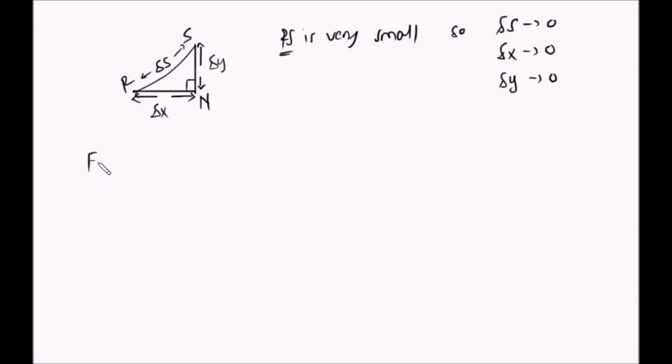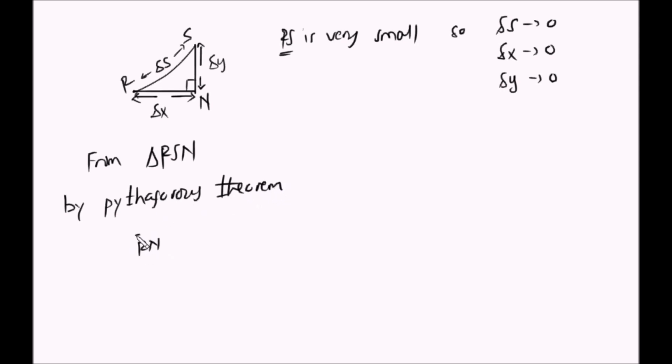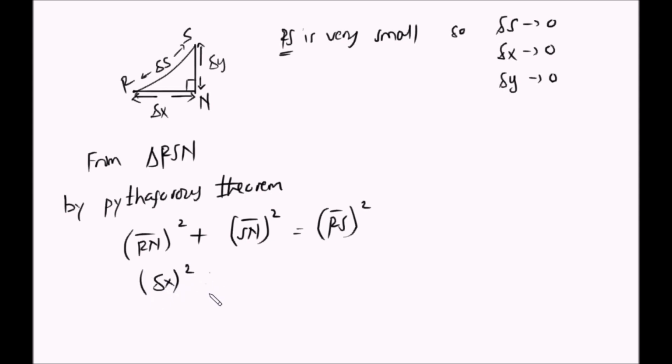Now by Pythagoras theorem, RN squared plus SN squared is equal to RS squared. That means RN is delta X, SN is delta Y, so delta X squared plus delta Y squared is equal to delta S squared.